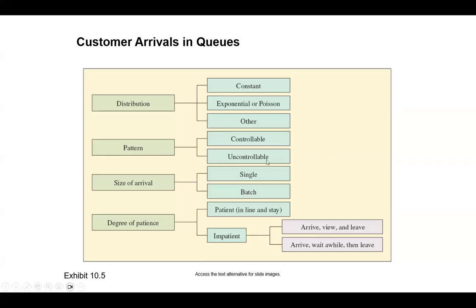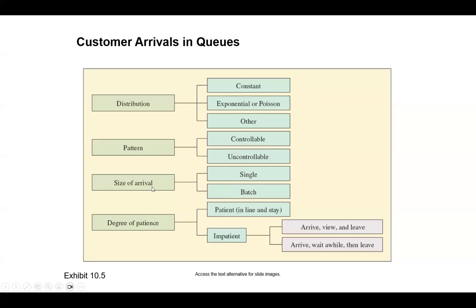For most of them it is probably controllable, but for some, like a medical emergency, it is uncontrollable. So when you decide on the models to help manage your waiting process, this is another factor you need to consider in terms of the arrival. And the next is about the size.